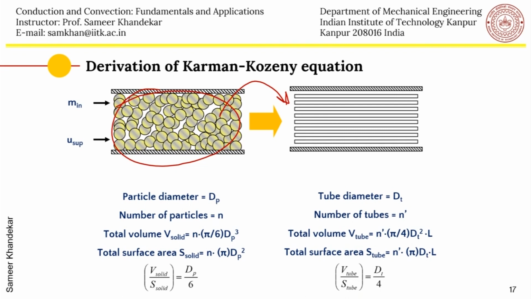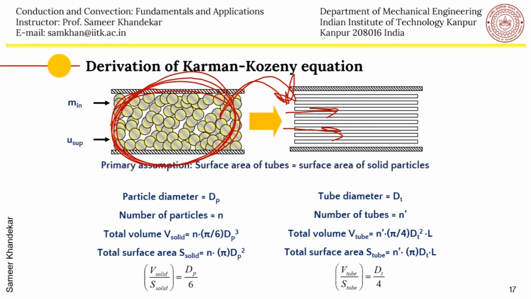So what we essentially do is we make an assumption that the surface area of the tubes is equal to the surface area of the solid particles used in the porous media. I will not go through each and every equation, but you can see that if you know the particle diameter and the number of particles, the total volume and the total surface area can be calculated: the volume of solid divided by the surface area of the solid, and the volume of the tube divided by the surface area of the tube.